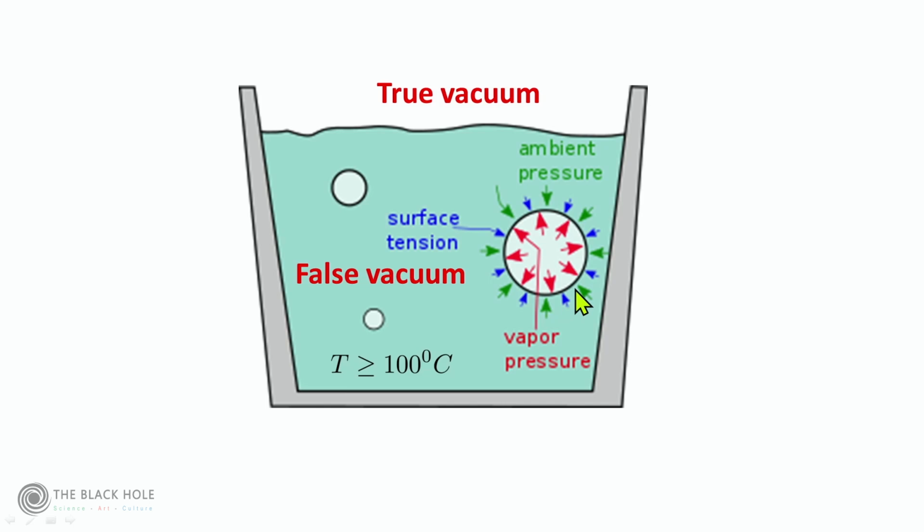Now we are all familiar that if you have such a thing as a balloon, then the balloon is trying to contract because the bigger the surface area, the greater the force that wants to make it contract. There's pressure inside, there's pressure outside, and it's only when all of these balance out with each other that the bubble stays where it is.